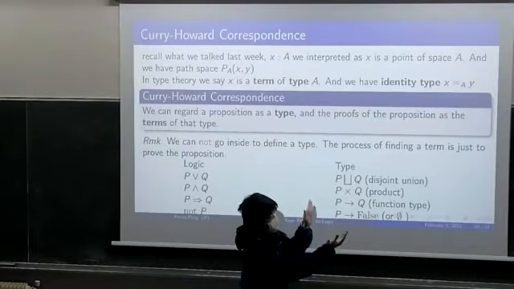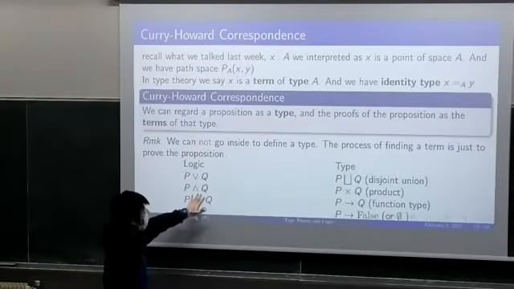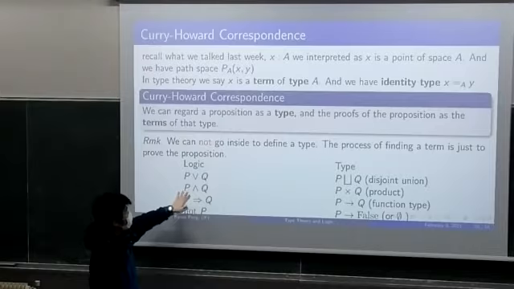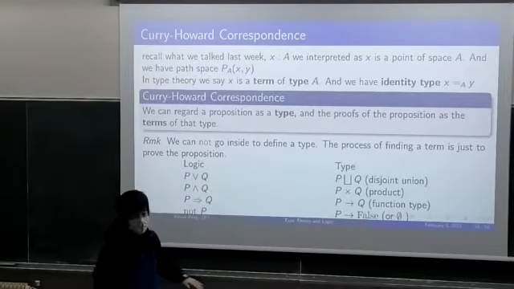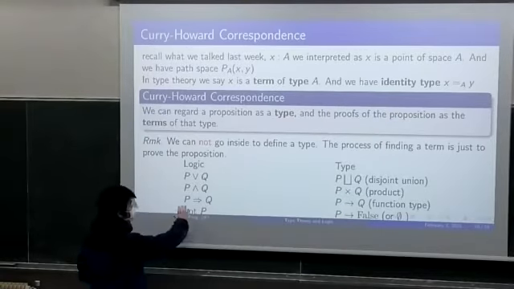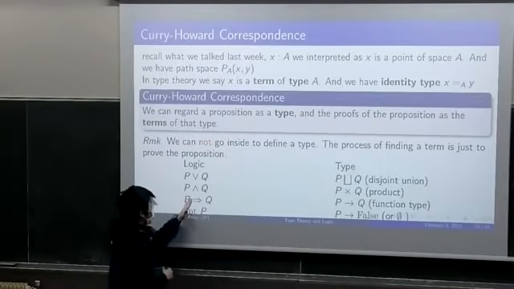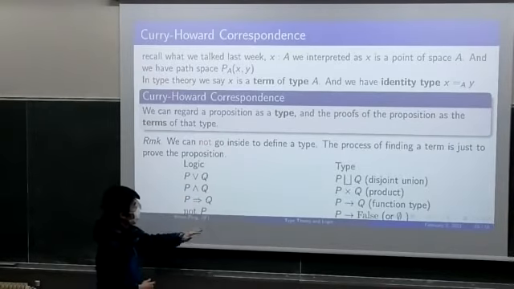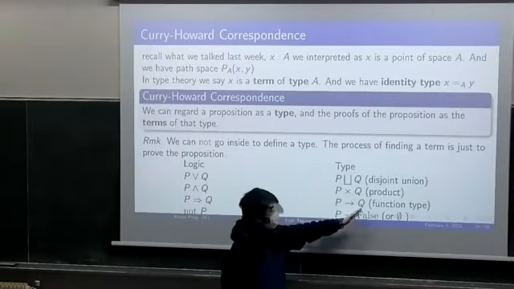So this is kind of like a disjoint union. But for "and", we need to find both a proof of P and a proof of Q, so the result becomes the product space. And for implication, if I have a proof of P, then I can find a proof of Q, so this is a function from P to Q.